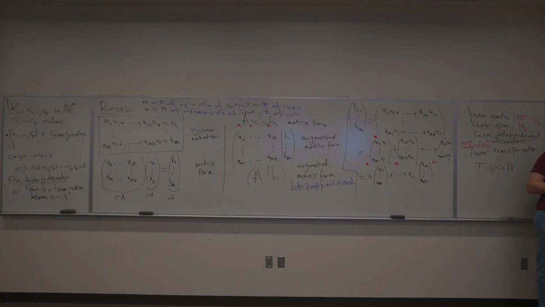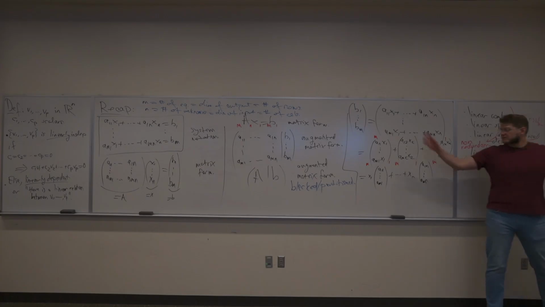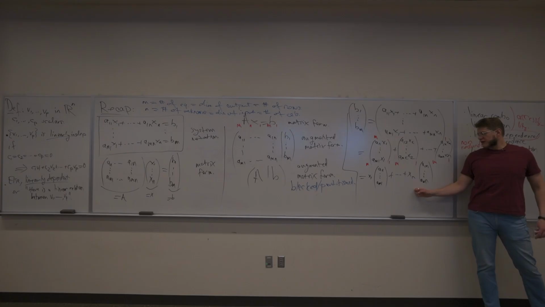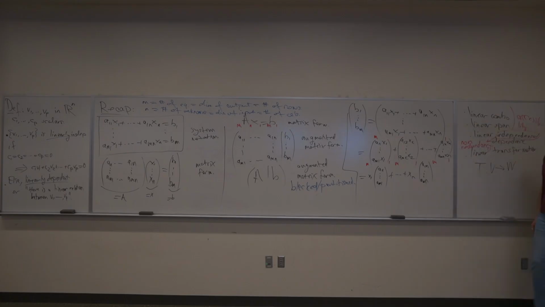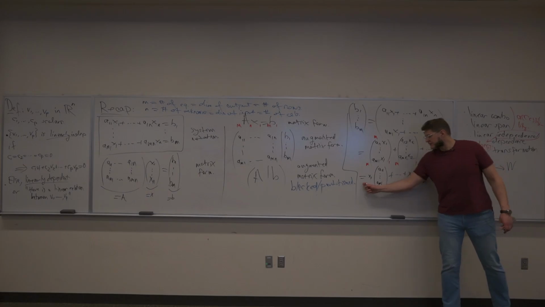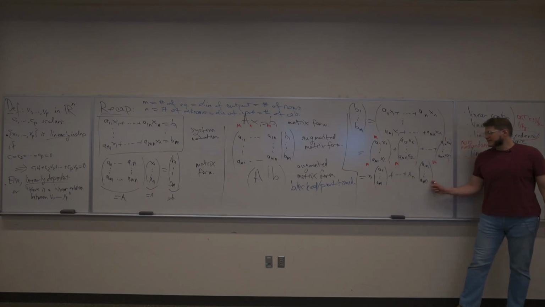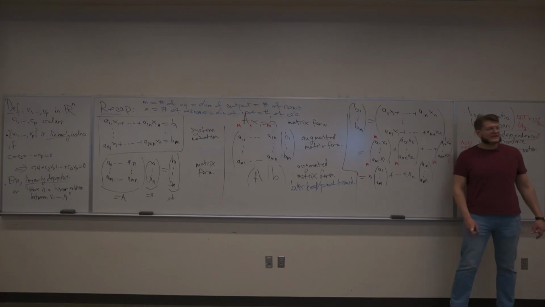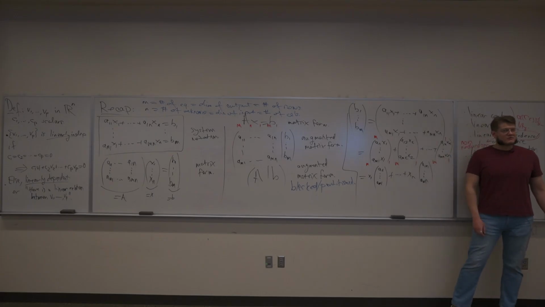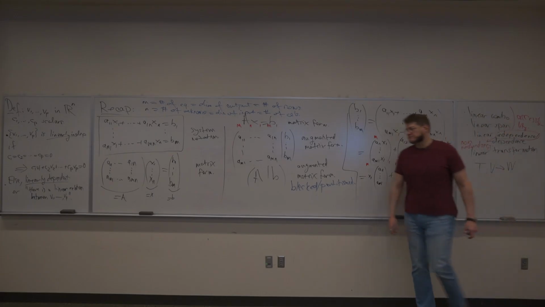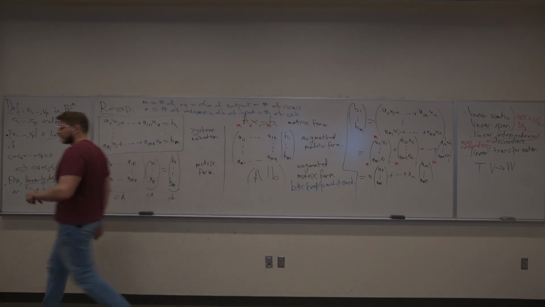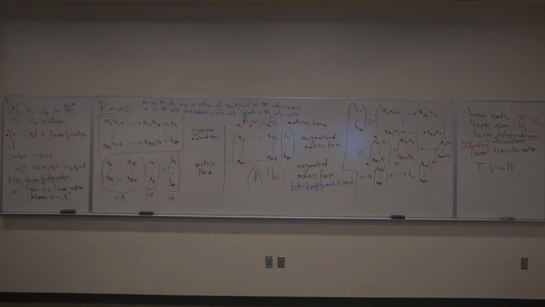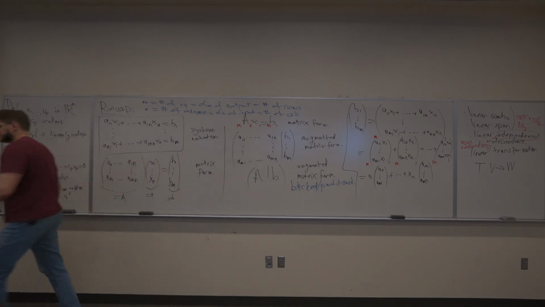Now, what is the significance of writing the same thing this way? Well, on Wednesday we talked about how this right-hand side is a linear combination of the vectors that are the columns of A. Okay? I'll use a different color.